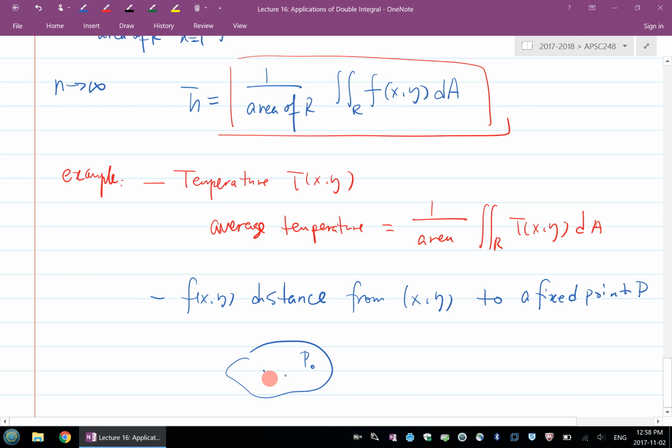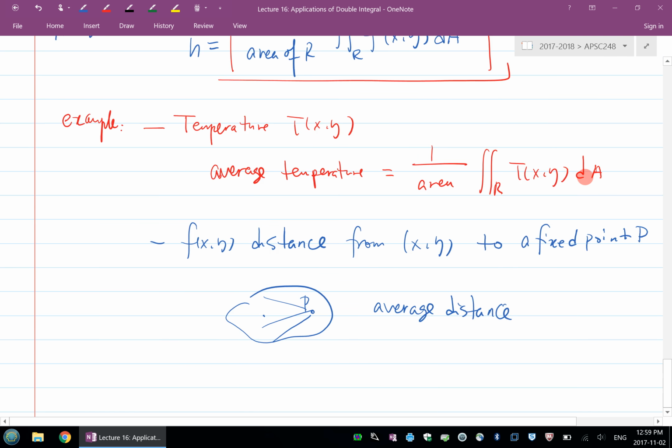From all the other points to this fixed point, you have a distance, right? So then you can always calculate the average distance from all the other points to this fixed point. The calculation is the same formula: 1 over the area of R, times the integral over R of f(x, y) dA. Same idea.